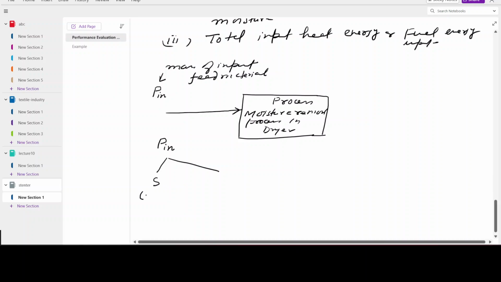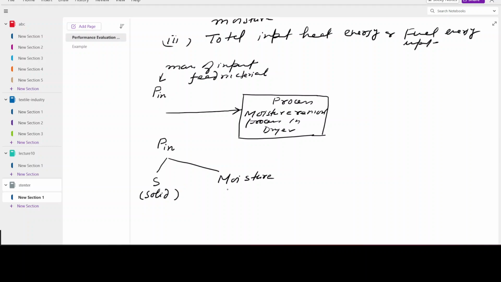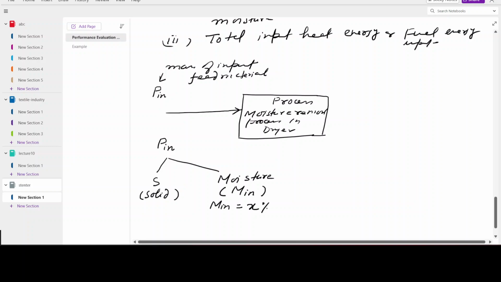One is solid and the other is moisture. We will call it M in. M in means the mass of input moisture, and suppose this M in is X percentage of P in.